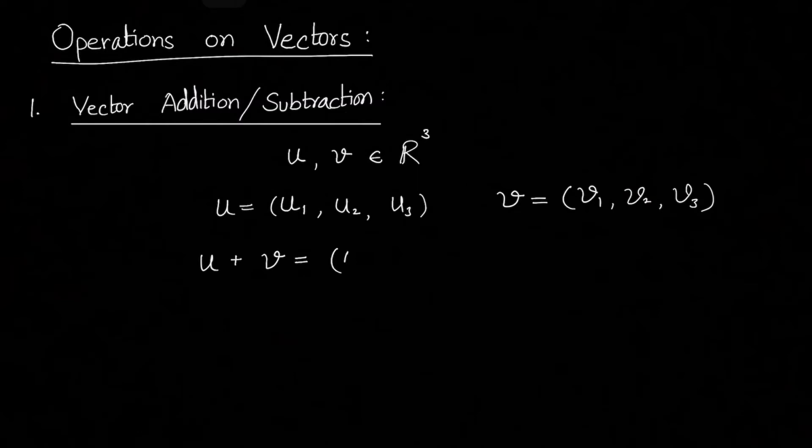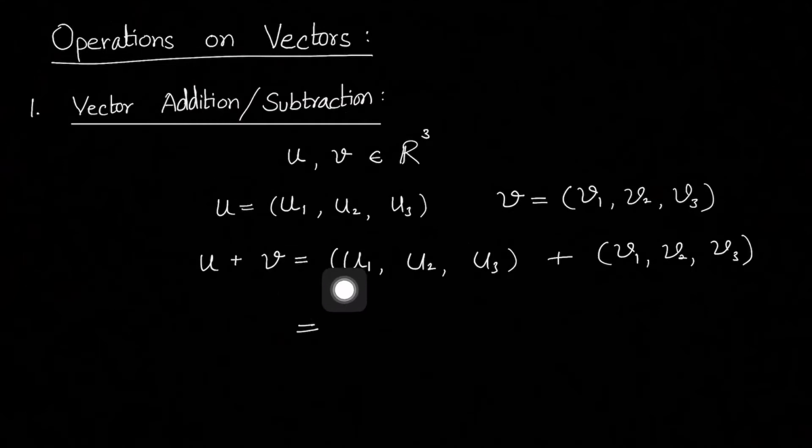U plus v will be component wise addition. So first component you will add to first component of the second vector, so you will get u1 plus v1. Similarly, second component with second component, write it here, and third component addition with third component, write it here.